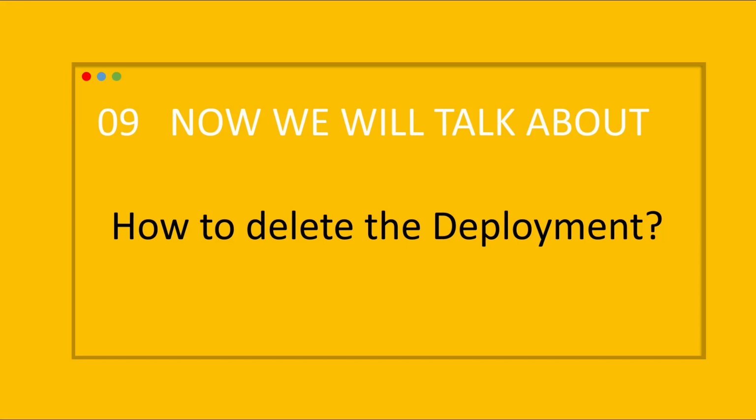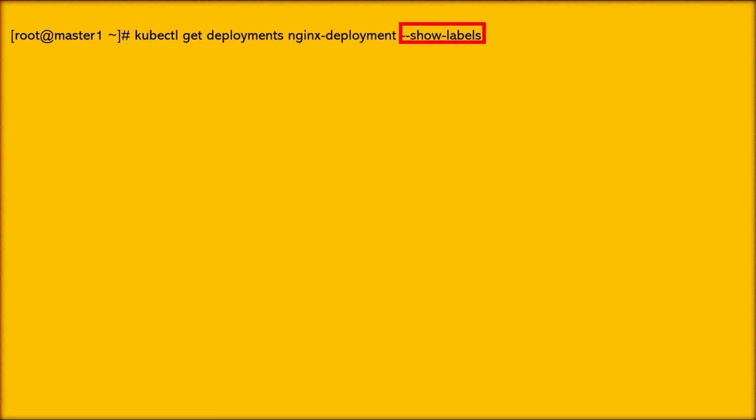Now we will talk about how to delete the deployment. Before deleting the deployment, let's do the pre-checks. By running this command with --show-labels, we get to know our deployment name and how many pods are running under this deployment.